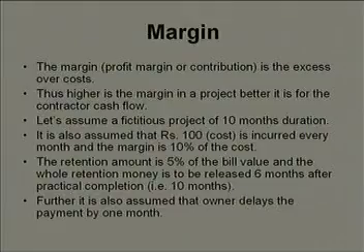Now, from this, in another scenario, I will assume that the retention amount is 10%, and then I will try to find out the project cash flow for each of the months. In another scenario, I will change the retention money to nil, that is 0%, and then I will see how it impacts the project cash flow.